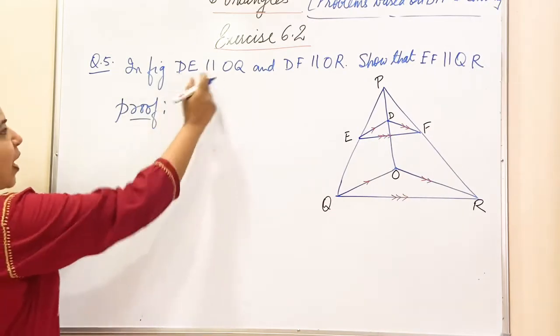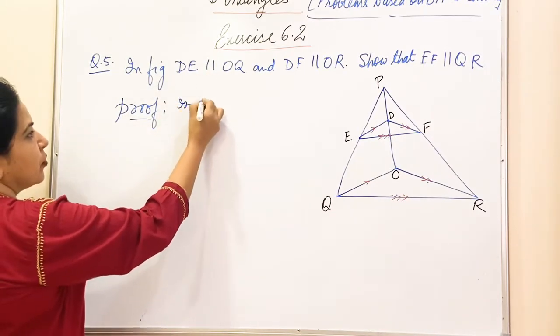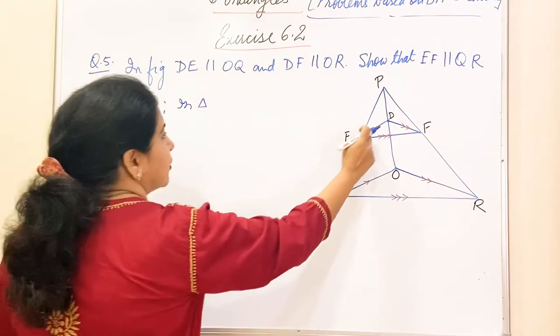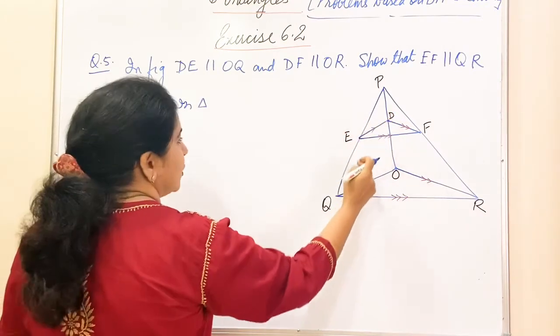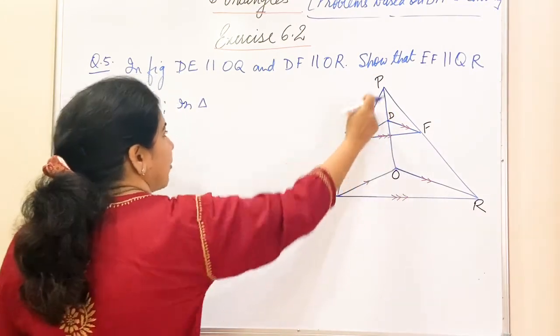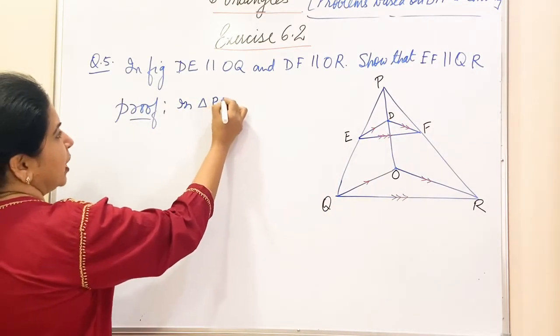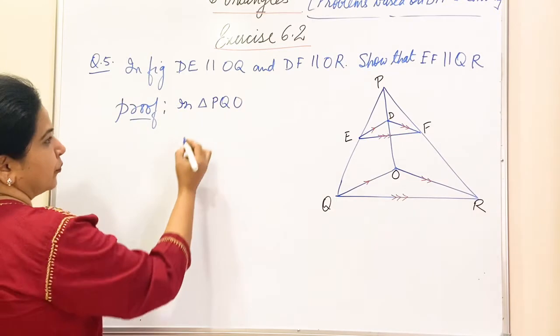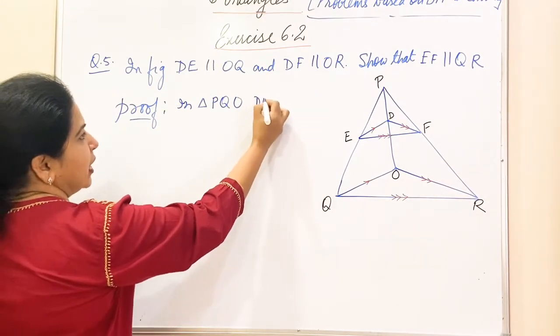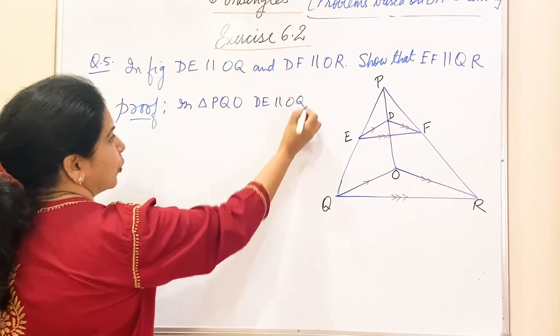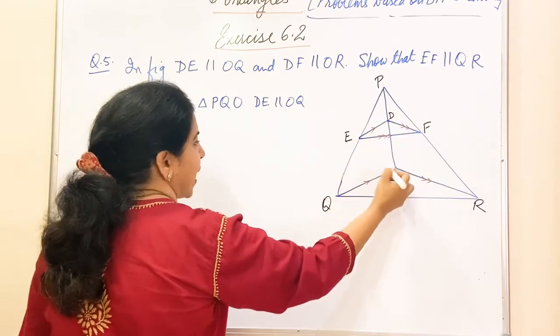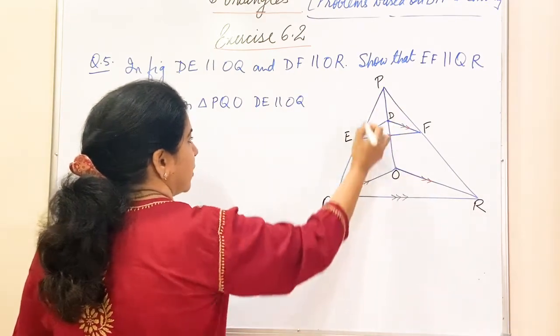Starting with the given value. In triangle PQO, DE is parallel to OQ. So we have to take this triangle. DE is parallel to OQ in this triangle.